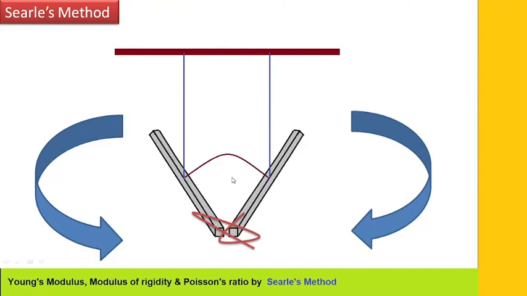That is why oscillations are created in the bars, and the number of oscillations is to be counted. What time is taken for 20 oscillations is to be noted.